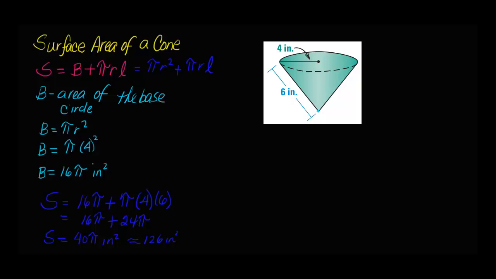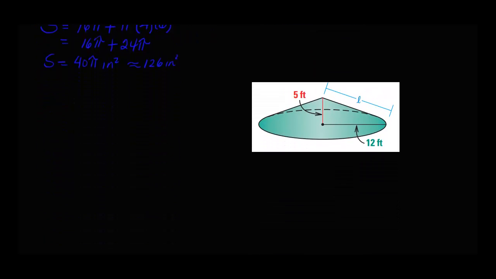Let's do one more example. Here I have this cone right here. Let's write the formula for surface area. Surface area for a cone, we said, is pi r squared, which is B, right? Plus pi r times L. Now let's see. Do we have the radius? Here's the radius. It goes from the center to the outer edge of the circle, so the radius is 12.